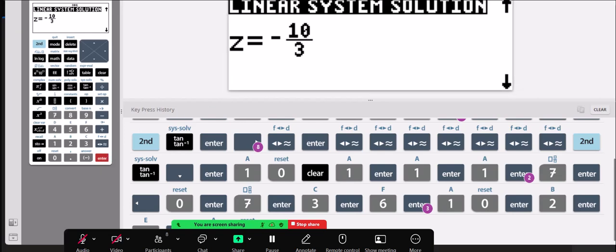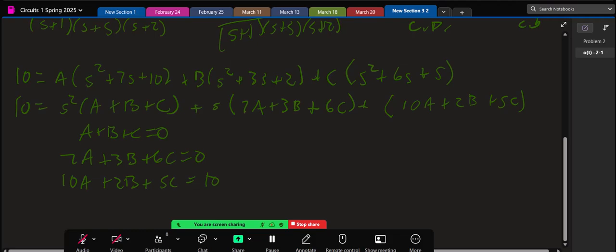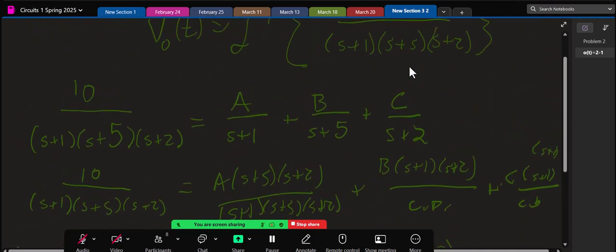Also, I can tell you, if I were to do this with the cover-up method, so negative 1, it's 4 and 1, 10 over 4, 5 halves. A is 5 halves.